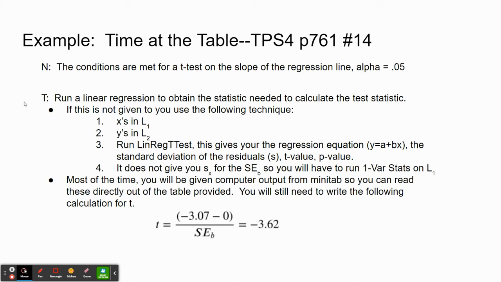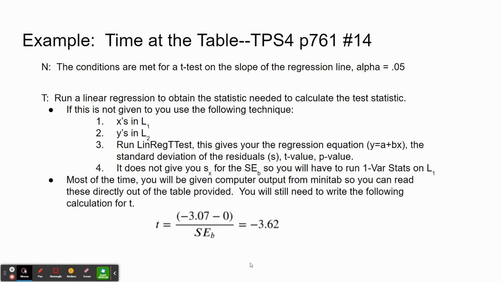But if they want it, then we're going to have to run 1-Var Stats on L1 to get the standard deviation of x. So we can calculate that SE, which is the S value divided by the standard deviation of x times the square root of 19 minus 1. But we don't need to have that.